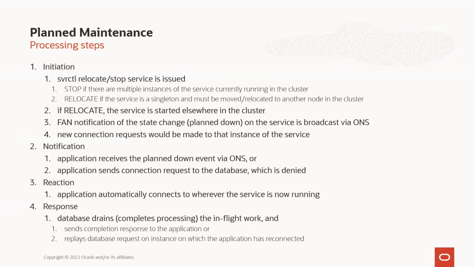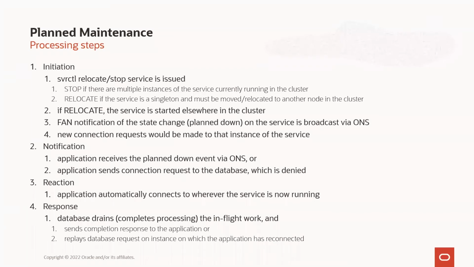Now, there are two options here. If you're using a connection pool, or you coded to handle the ONS notifications, then that's fine because your application will have the libraries, the ons.jar or whatever it might be, to receive the ONS notification and then follow on with the reaction.